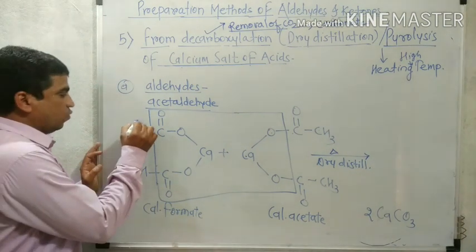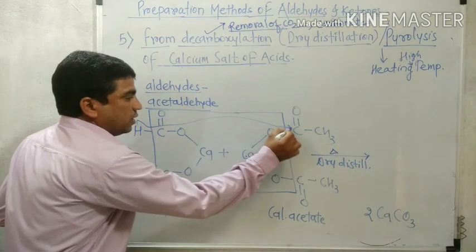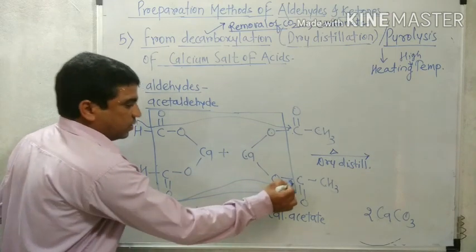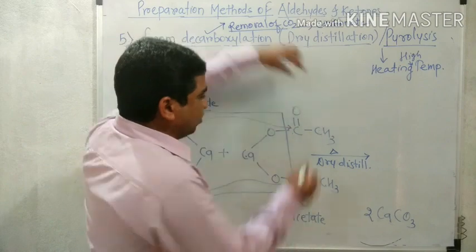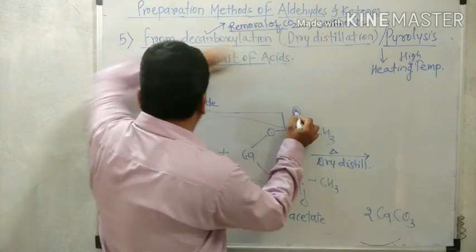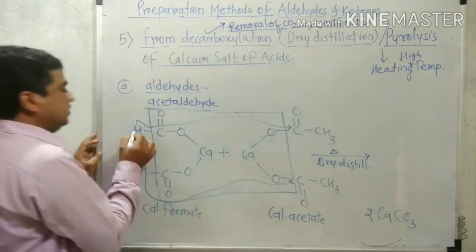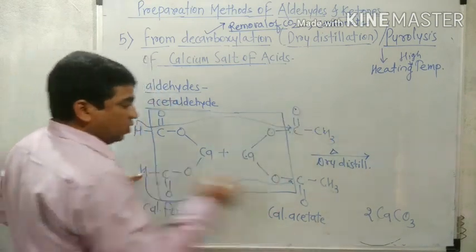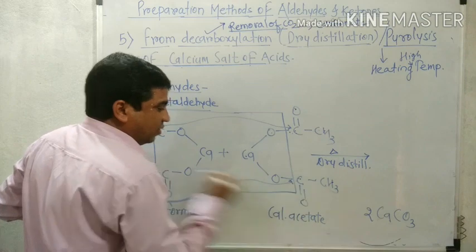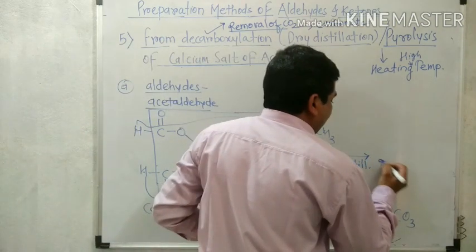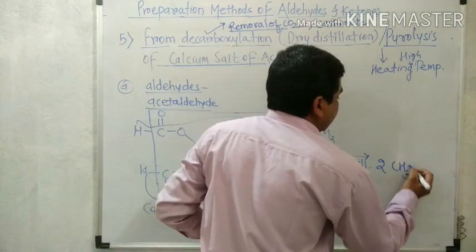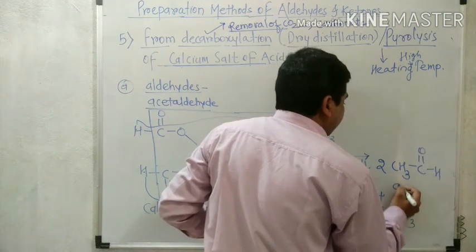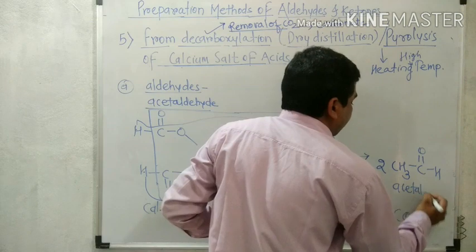What remains? This 1 hydrogen atom gets added to this carbon, and another gets added to this carbon. So two molecules of CH3CO, and this H attached to this carbon, CH3COH. Similarly, this H to this carbon, CH3COH. So two molecules of CH3COH, it means acetaldehyde is obtained.